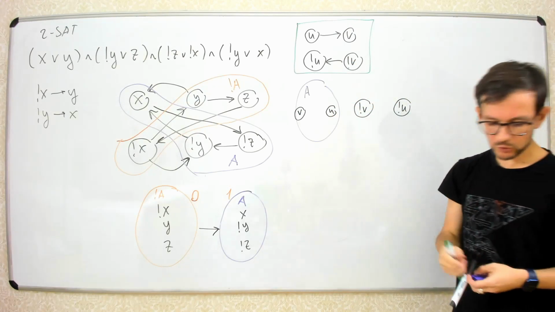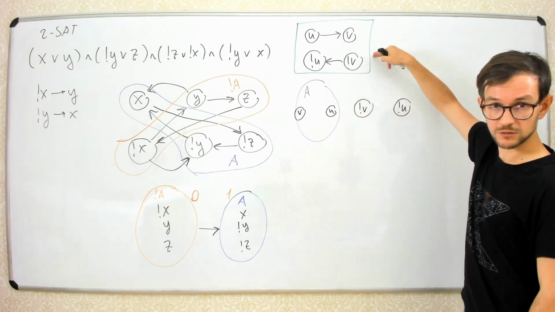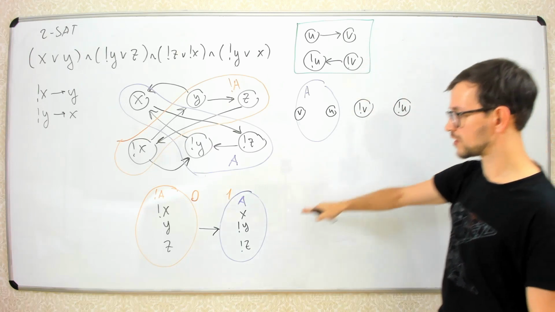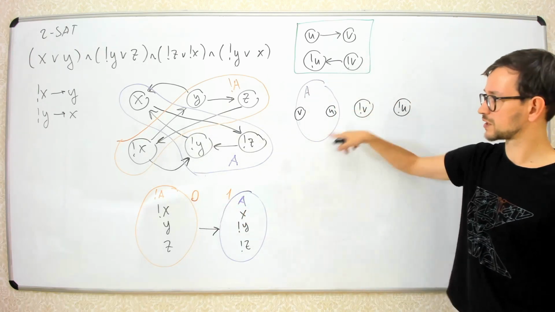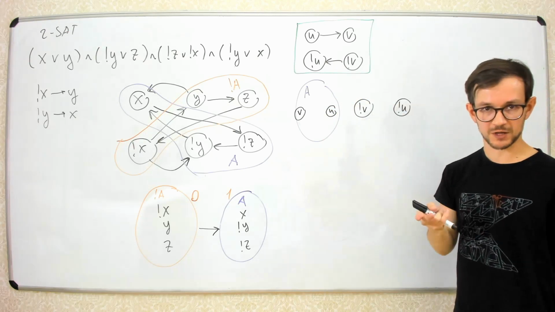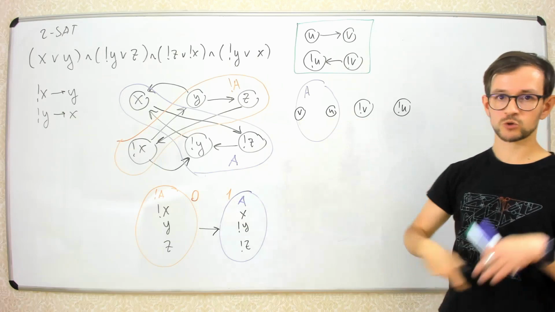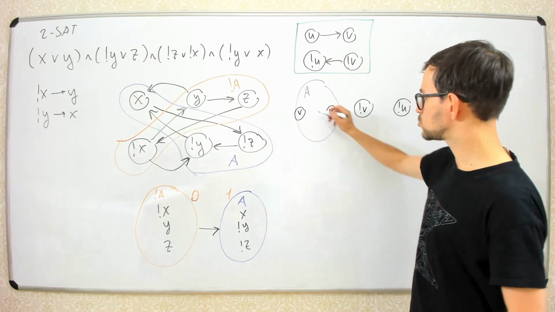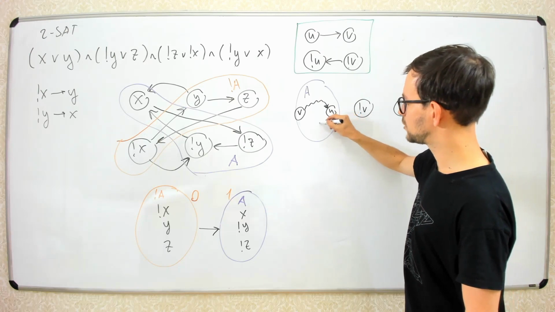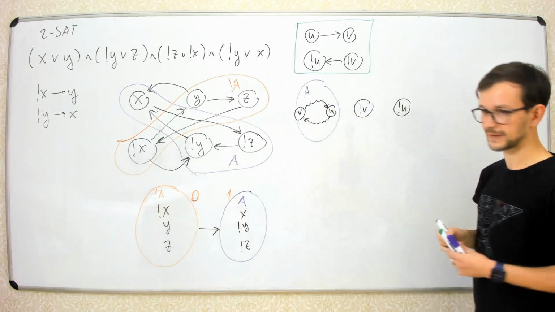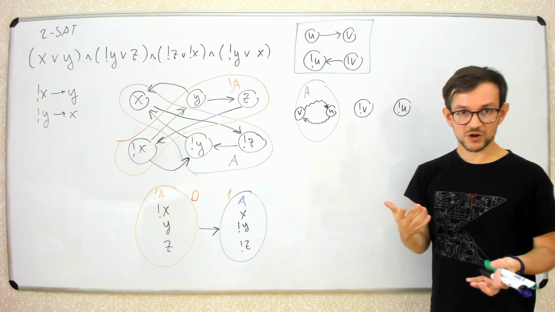So what do I want to prove? I want to prove that if my graph is like this, then the strongly connected components come in pairs. If you have some strongly connected component, you have a symmetrical strongly connected component. Now, let's prove it. You have these nodes V and U. They belong to the same strongly connected component. It means you have some path from V to U and some path from U to V. Let's find the symmetrical path.